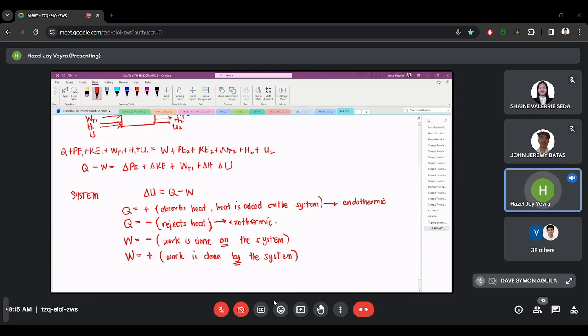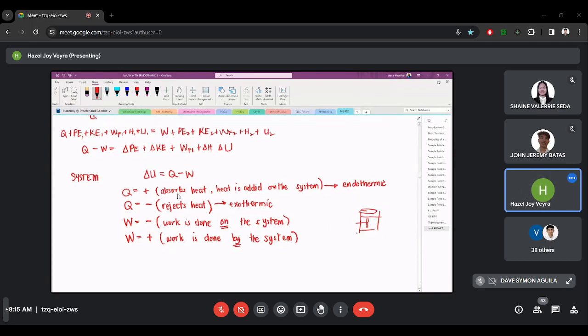So example ng work being done on the system. Let's say you have a tank, tapos meron ka ditong agitator, yung parang mixer, for example. So in this case, the work is being done on the system. Let's say you have water inside. However, let's say naman you have a turbine, and turbine, pinapagana yan ng kung ano mang energy.